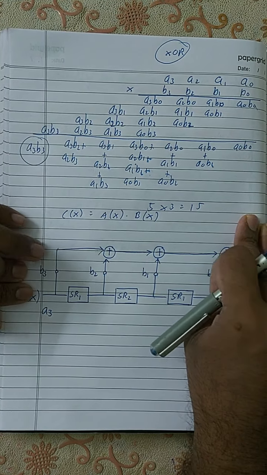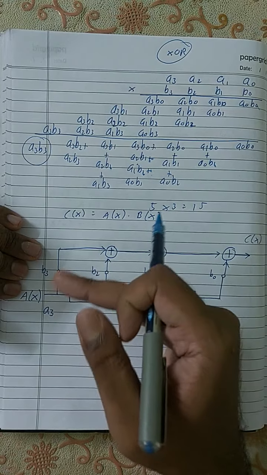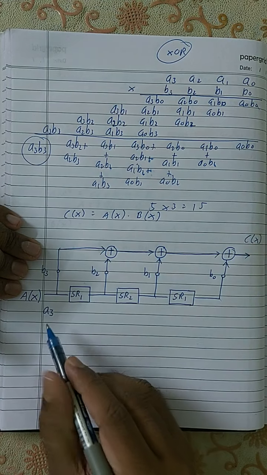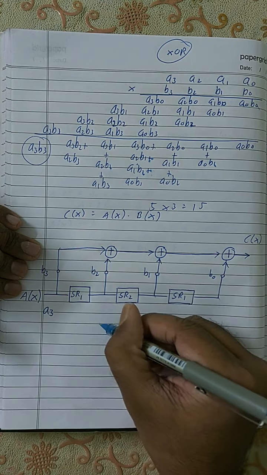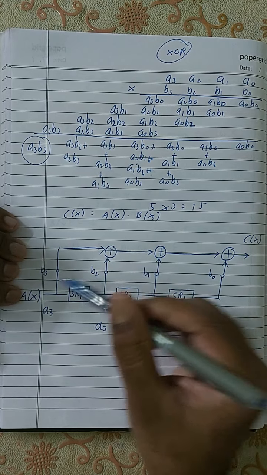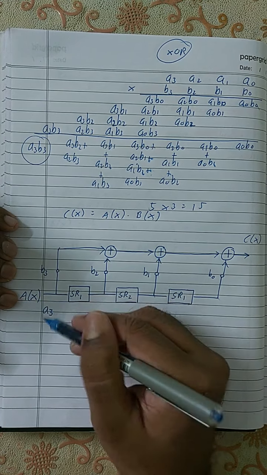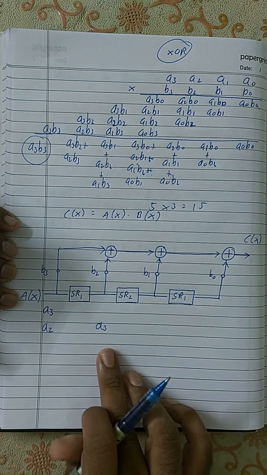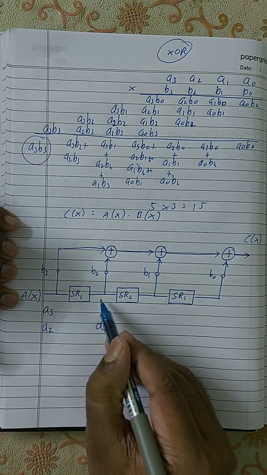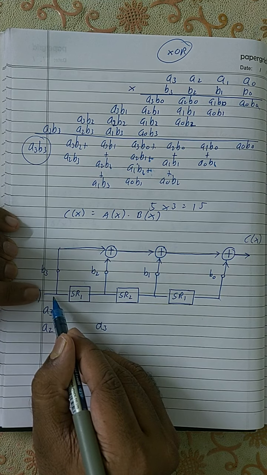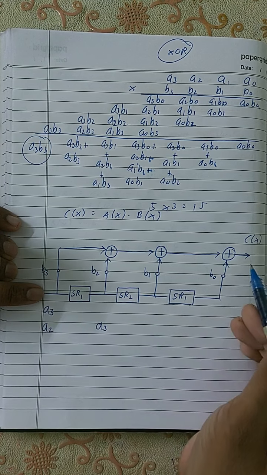Okay. Then what will happen? On the next shift cycle, A3 will be shifted over here, and A2 will be shifted next into the circuit. Then the value over here will become A3, and the value over here becomes A2. So what will be your output?